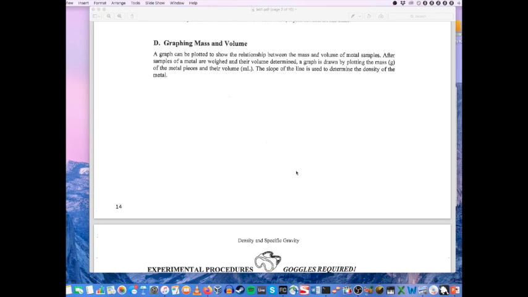So the way that you do this is that you start with a beaker with water or a graduated cylinder with water, and then you add increasing amounts of the substance to be measured, measuring a new mass every single time and keeping track of the volume, and then you make a graph of those values. And if you put volume on the x-axis and mass on the y-axis, the slope will have units of grams per milliliter.